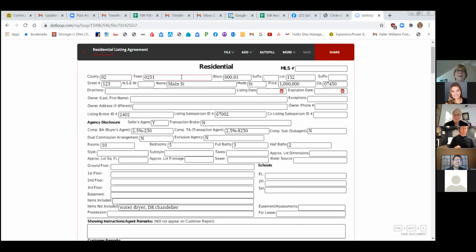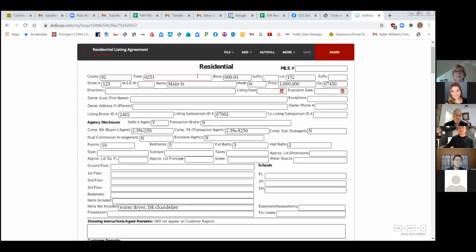And then the next code that you have to fill in is the town. And if you're unsure of what the town code is, you can get that from the MLS. You can just go into the MLS and it'll show you what the code is for that town.